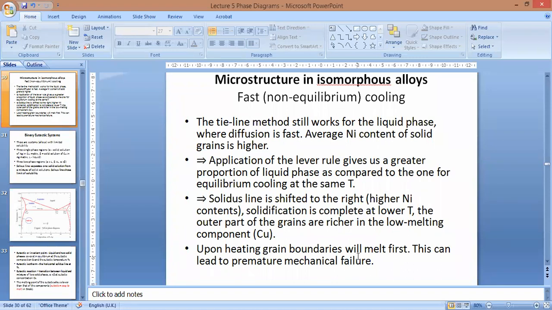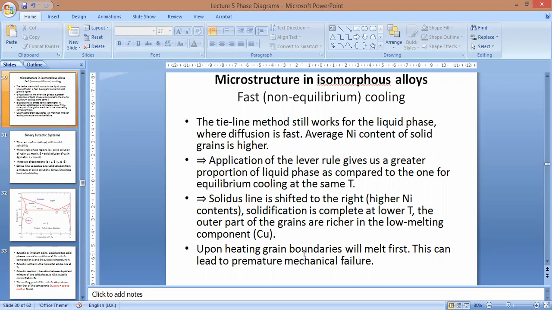And upon heating, grain boundaries will melt first. So it's very easy for your alloy to break at the grain boundaries, because at the boundaries is where you had the metal with the lower melting point forming up.